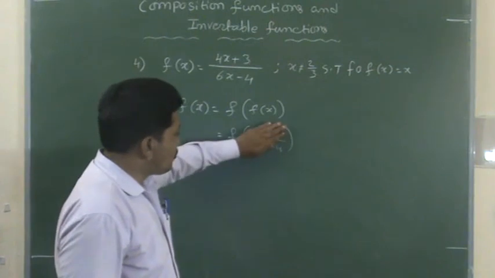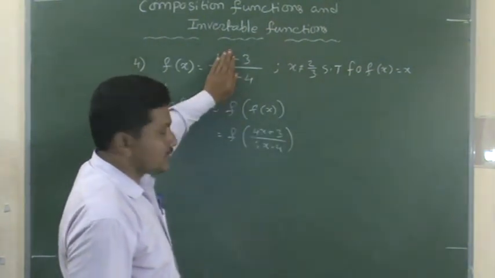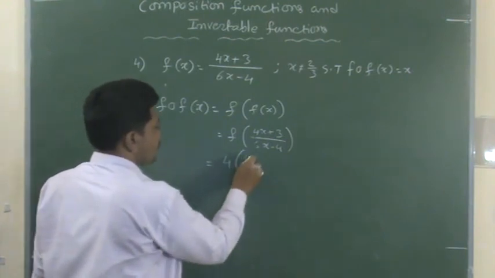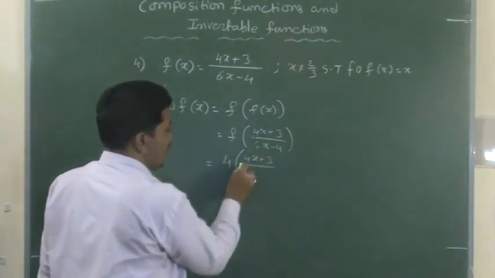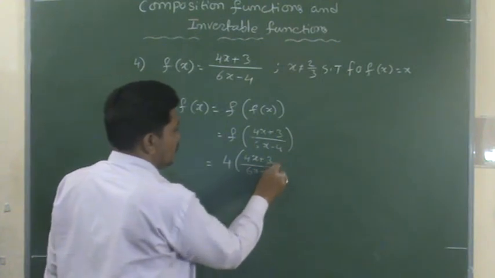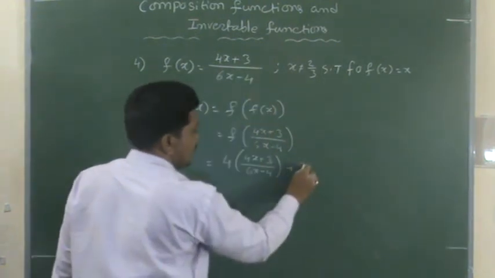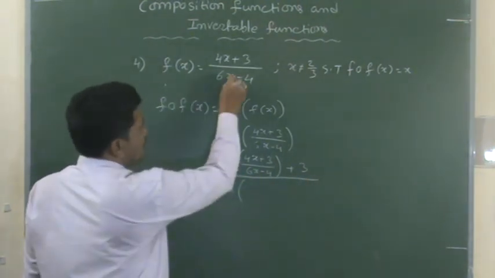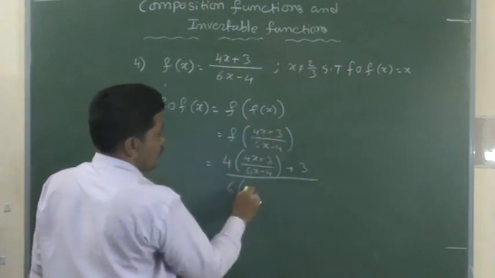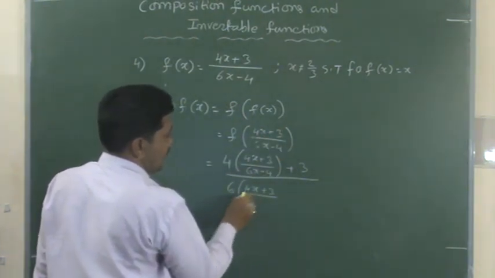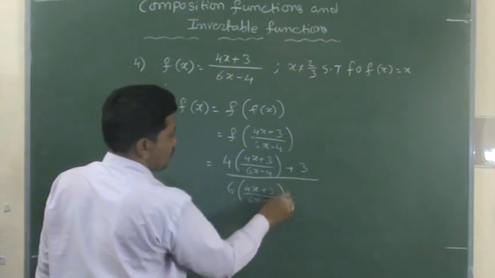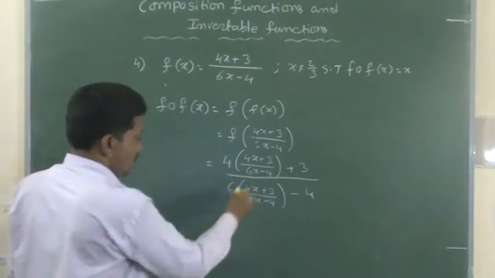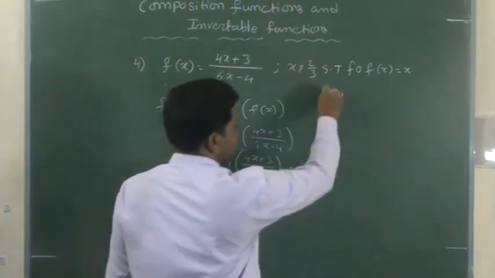I want to substitute this total in place of x. So what do we get? Here 4 into (4x plus 3 by 6x minus 4) plus 3, and once again 6 into, I want to replace x by this total term, (4x plus 3 by 6x minus 4). Clear? So I want to simplify. Take the LCM.